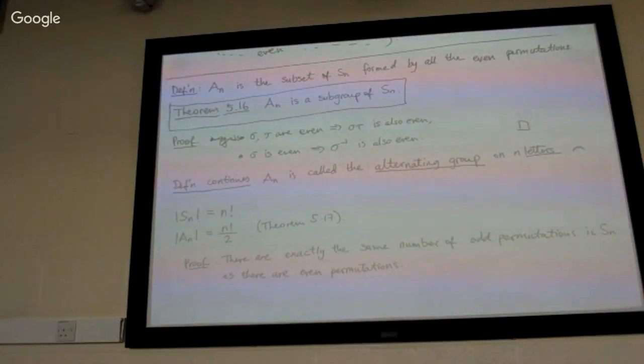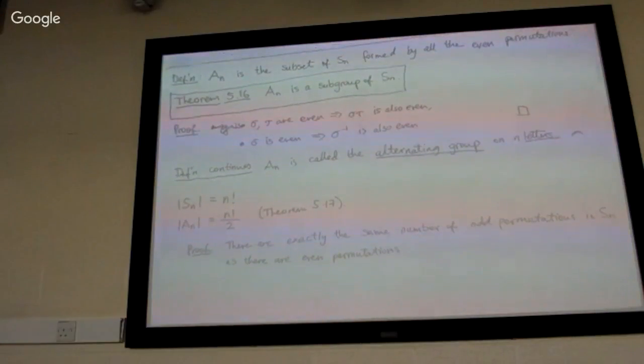So how do you prove that there is exactly the same number of something as there is of something else? You can count, but in this case you can't count.